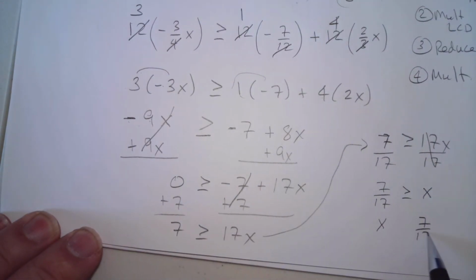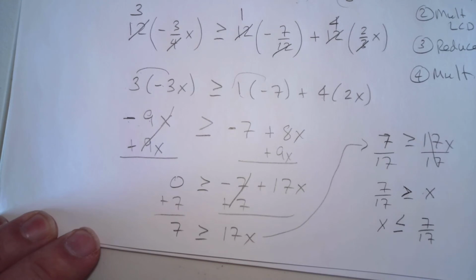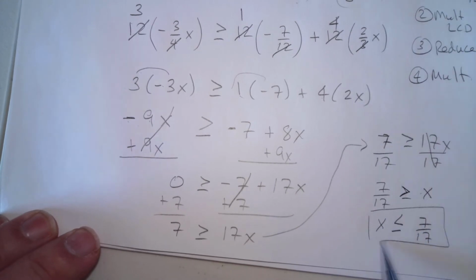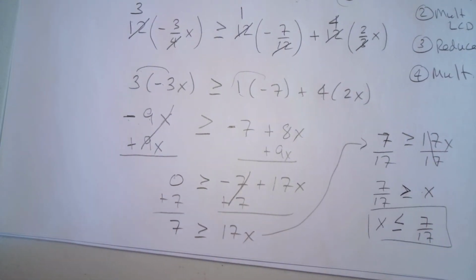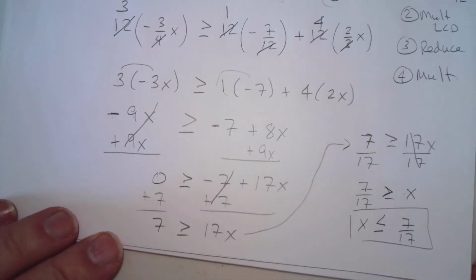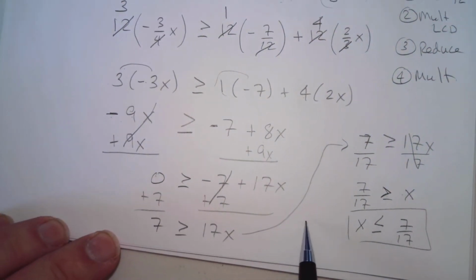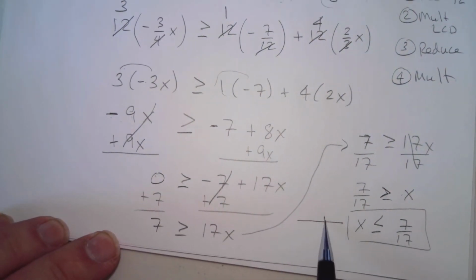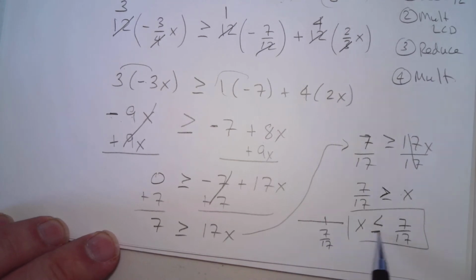Flip them around. Now this time the arrow is pointing towards the x with an equal sign. So there's the set notation. We have 7 over 17.